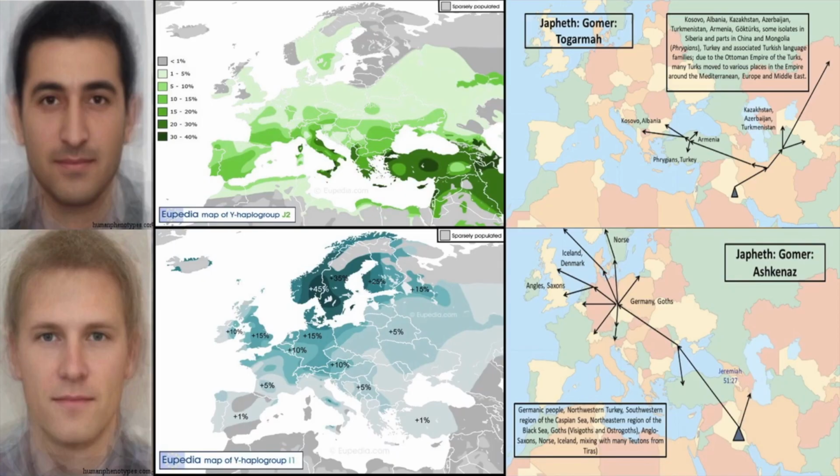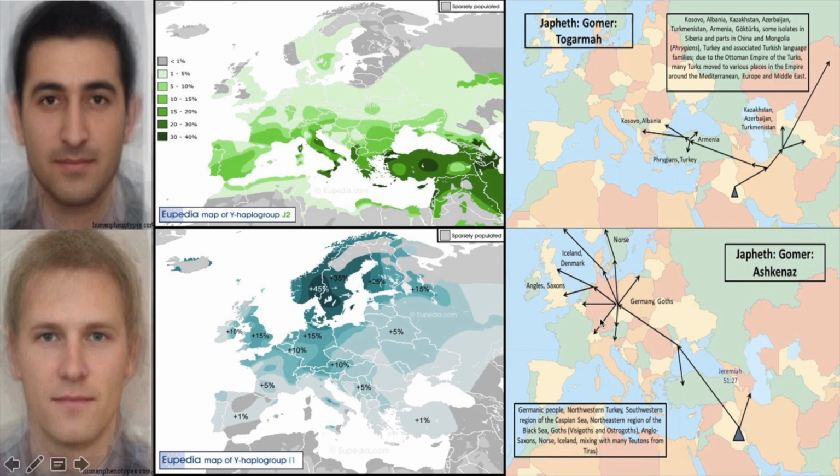So, as we can see down below, or I'll just start at the top, as you can see up here, Togarmah going into the Caucasus and other parts of Eurasia, and then you see associated with haplogroup J, and then you see over here with haplogroup I, Ashkenaz going into Germany, Switzerland, Scandinavia, the British Isles becoming the Germanic peoples.